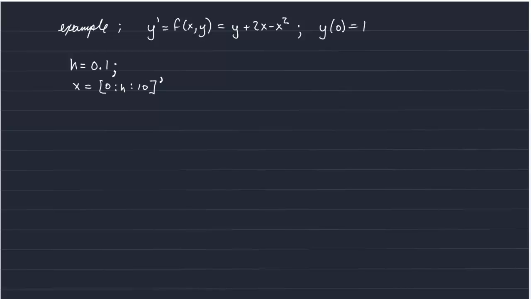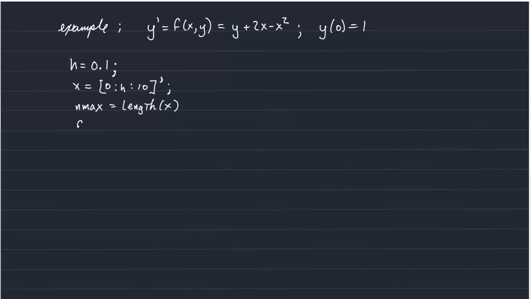And I like to make this a column vector by putting an apostrophe there, and again the semicolon. And then we need to define the maximum total number of increments. I'll just call that n max, and that we can just say is the length of x. This is the number of points in our grid, so this tells us how many points we're going to be estimating the value for.